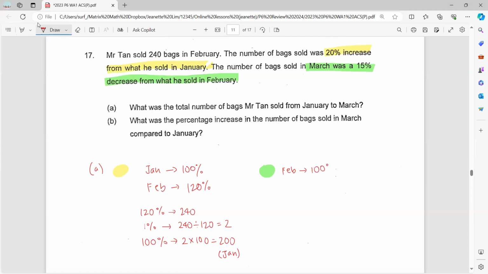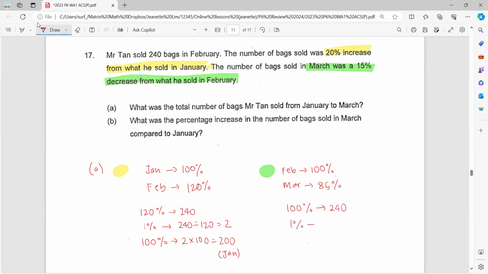So if February is 100% and March is a decrease of 15%, that means March is 85%. So again, 240 is given. But this time, 240 is 100%.